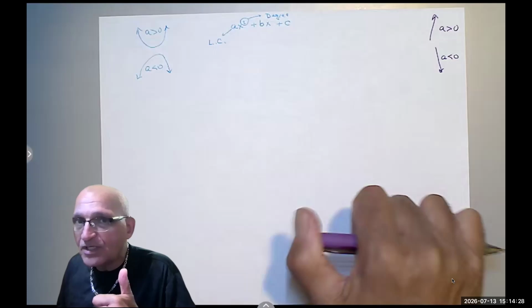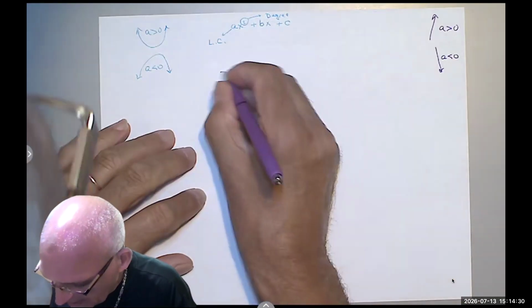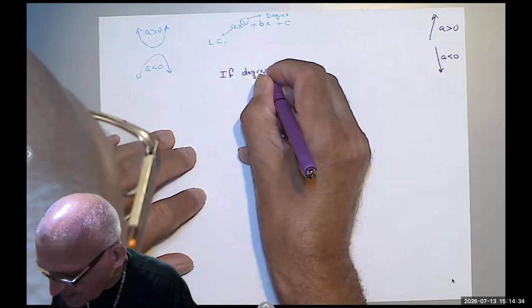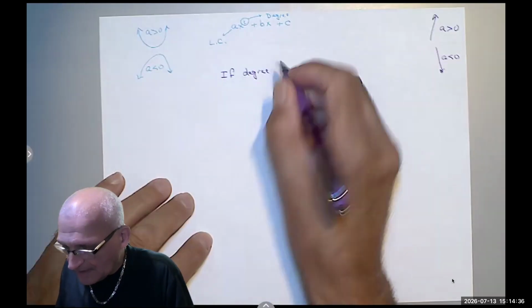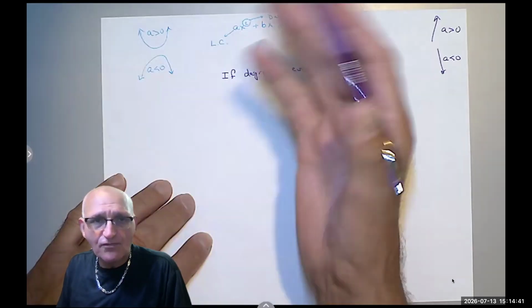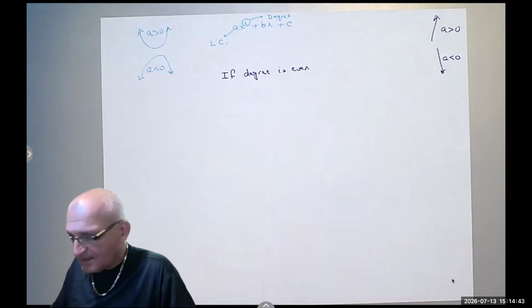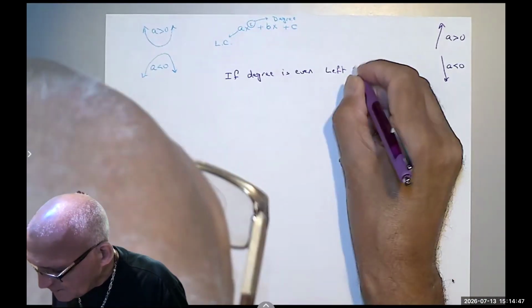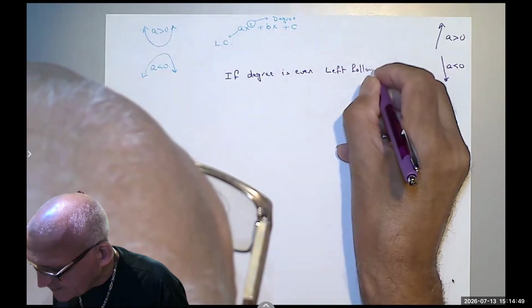Secondly, the second thing you need to know, if the degree is even, like in a quadratic or x to the 4th or x to the 10th, then left follows right.